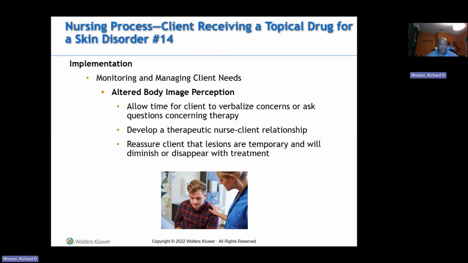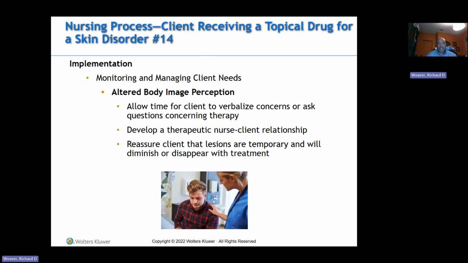In terms of altered body image perception, we want to allow the patient some time to verbalize their concerns and also ask questions concerning the therapy. This can help alleviate some of the anxiety and concerns. We want to develop that therapeutic nurse-client relationship.